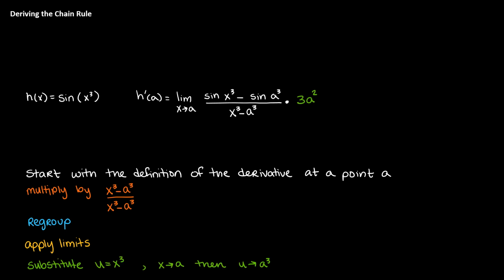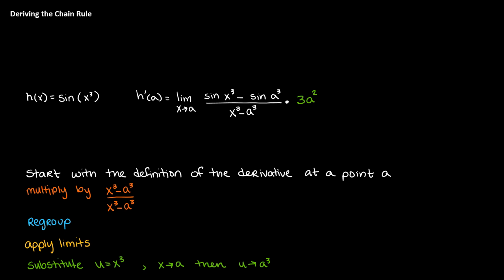Next, we have to make a substitution. We're going to replace our x cubed terms with a simple letter, u. So we call this a u substitution. This is going to reduce the complexity of the expression that we're looking at, but it does require us to process a few other changes.